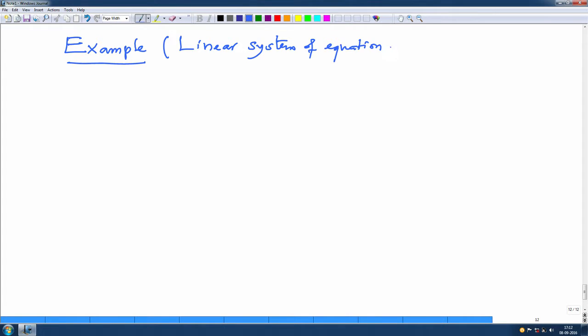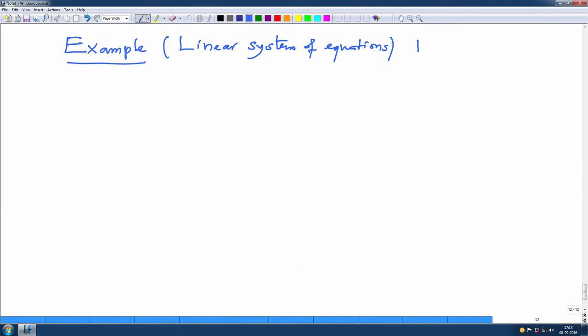What I want to show in this example is that studying a linear system of equations is equivalent to studying linear maps, and it is better to study linear maps than linear systems of equations, and that is much more general and much easier.